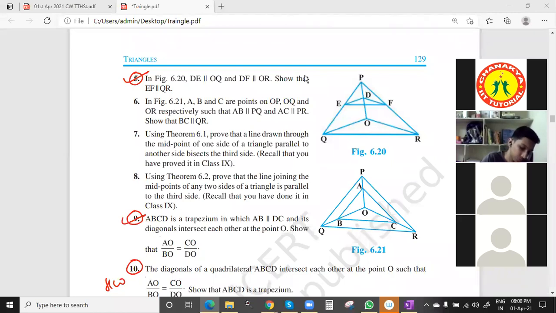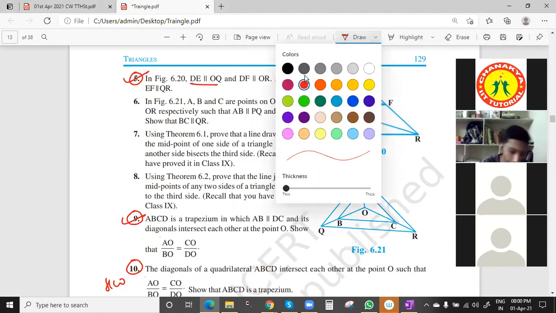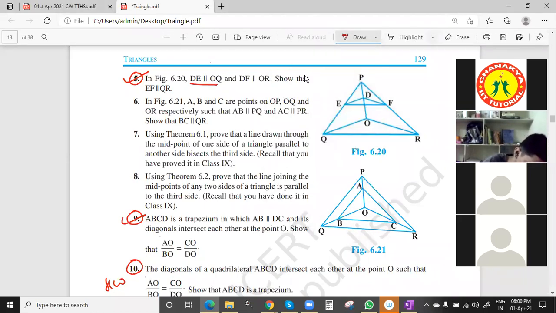Since DE is parallel to QR, we can say PE by EQ will be equal to PD by DO.